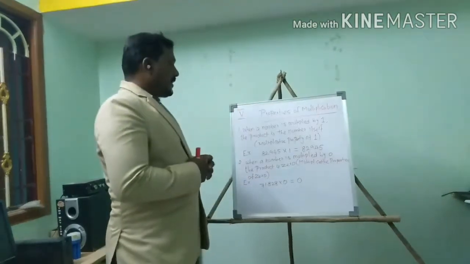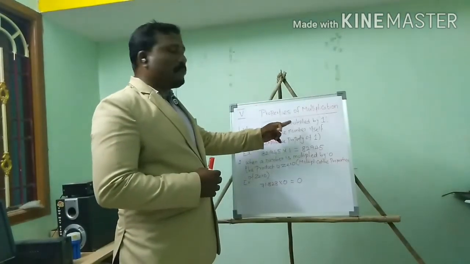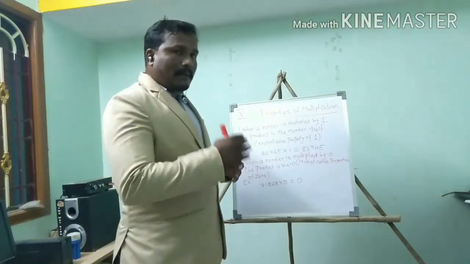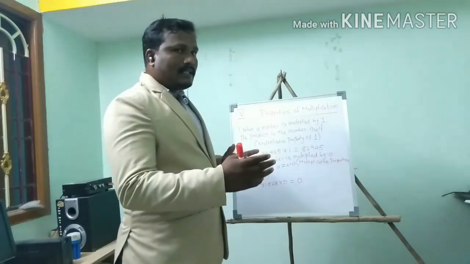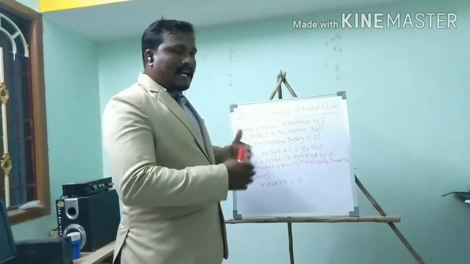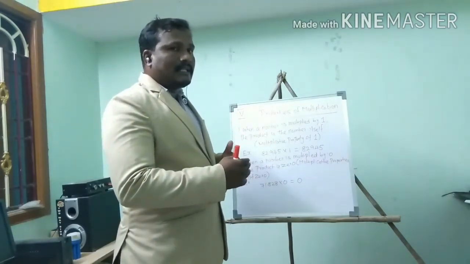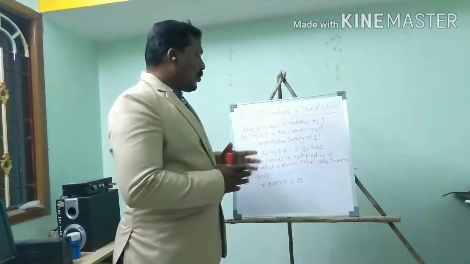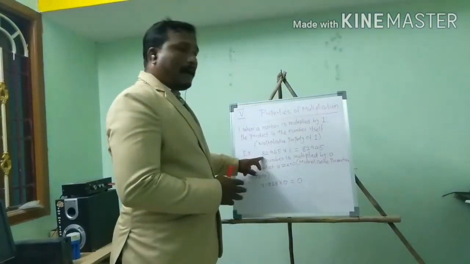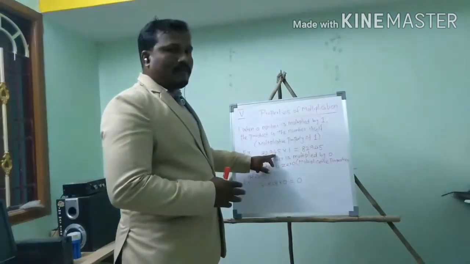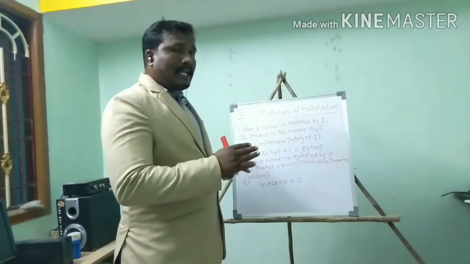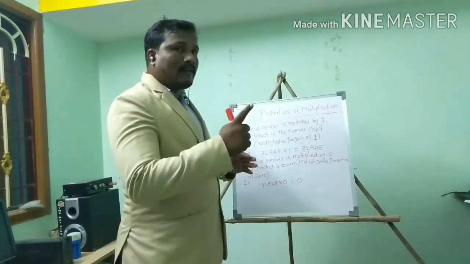First property: when any number is multiplied by 1, the product is the number itself. For example, take the number 82945. Now I multiply it by 1.